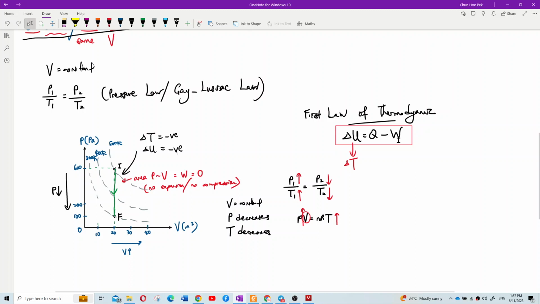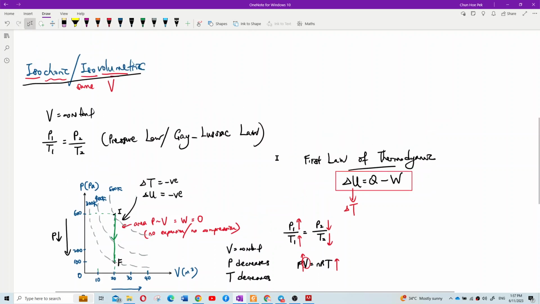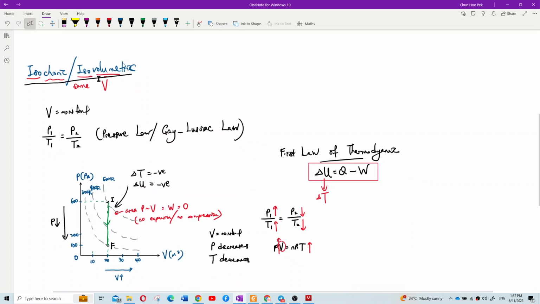Work done. Class, is there any work done? No, no area. For what process is this? Isocoric process, isovolumetric process, same volume.